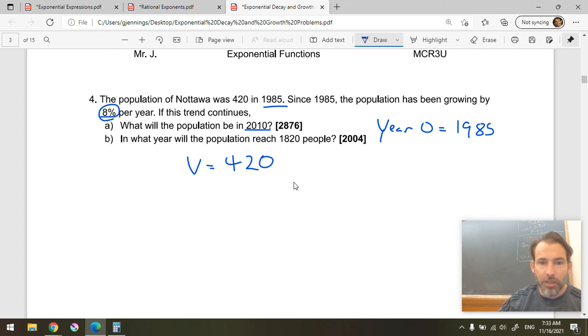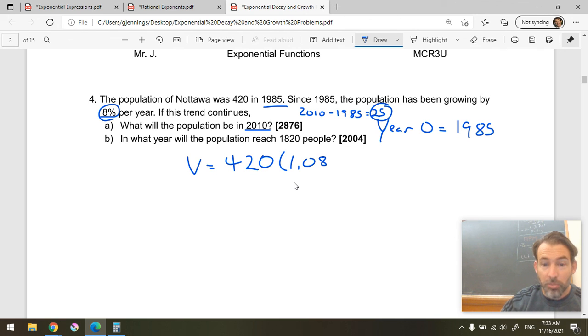What will the population be in 2010? 2010 minus 1985 is equal to 25, so that's year 25. You can set these up another way, but it's really weird. I don't want to tell you to do that. So this is 420 multiplied by 1.08. Why? Because it's growing by 8% per year.